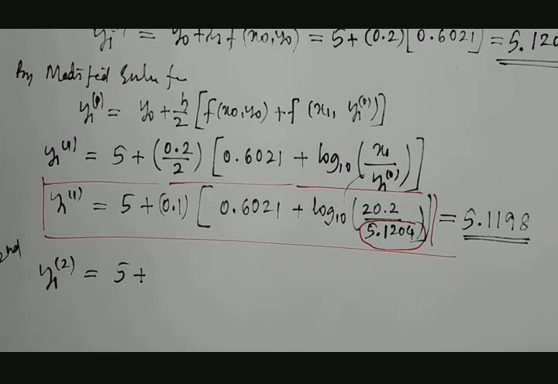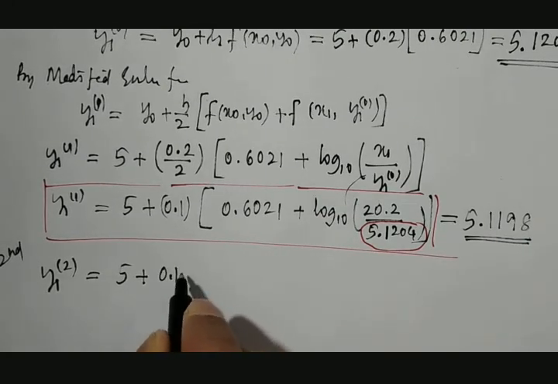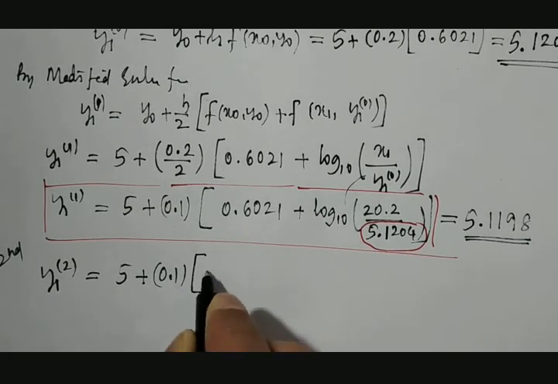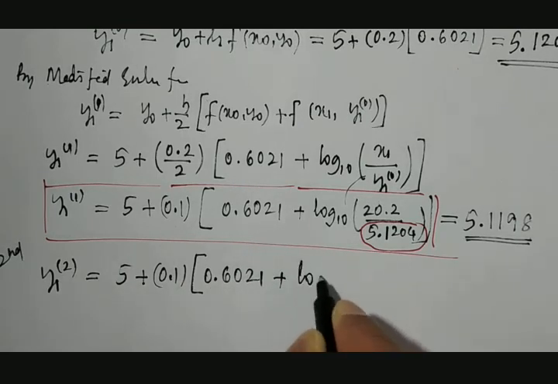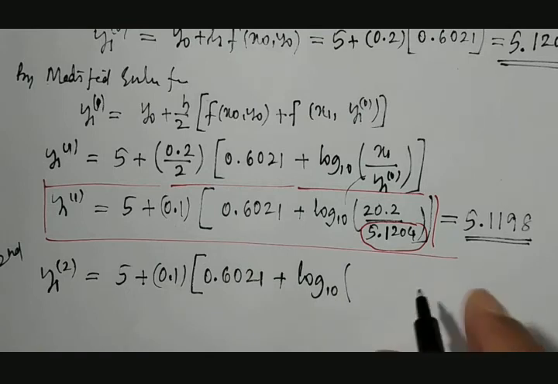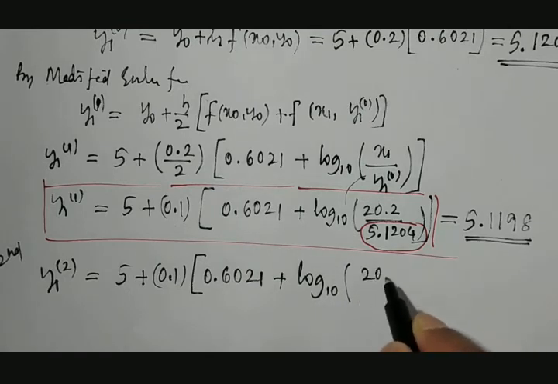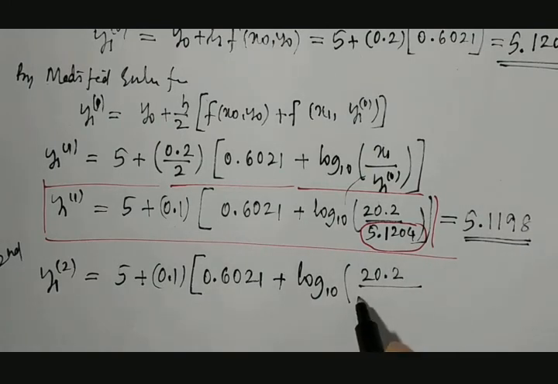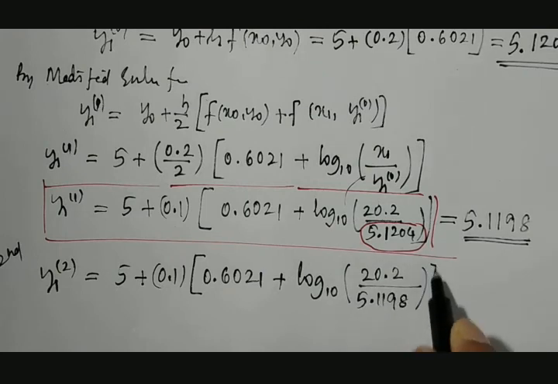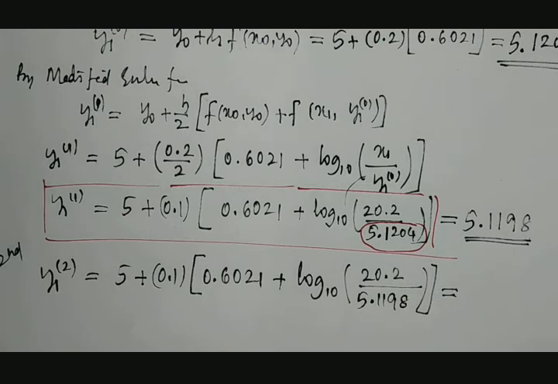So that is 0.1 into 0.6021 plus logarithm to the base 10 of 20.2 divided by this, where 5.1204 will be replaced by the new value, that is 5.1198.